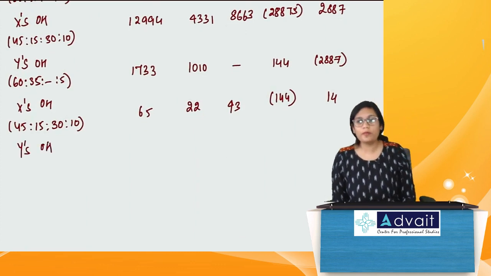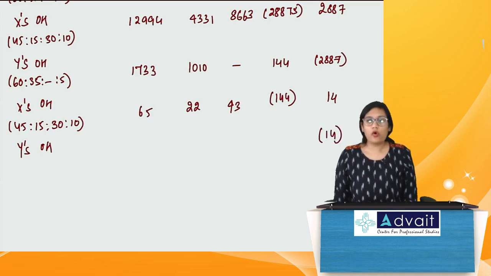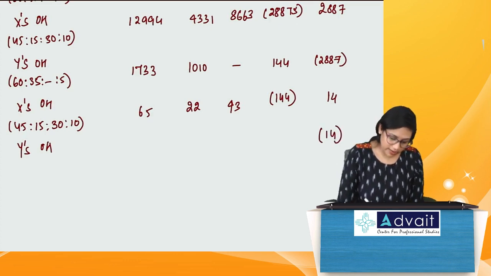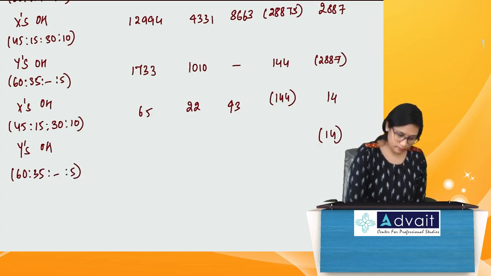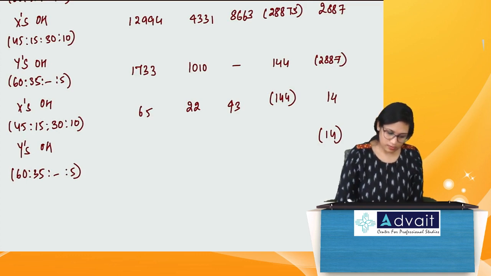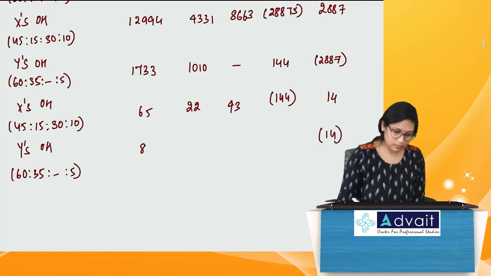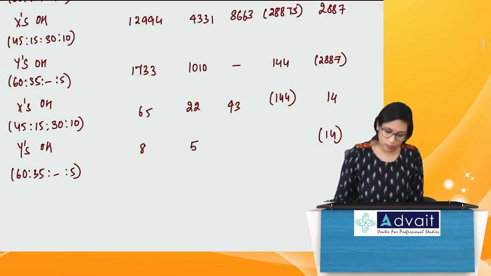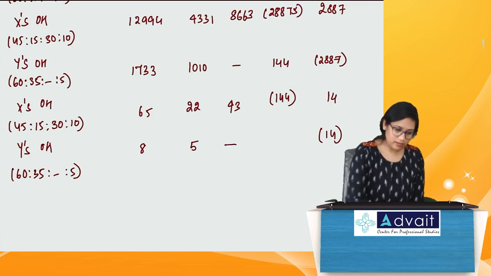Now again Y's overhead I have to divide. It has still not become 0. So 14, in what ratio? 60 is to 35 is to nil is to 5. Let's divide. 8 rupees, 5 rupees, nil.